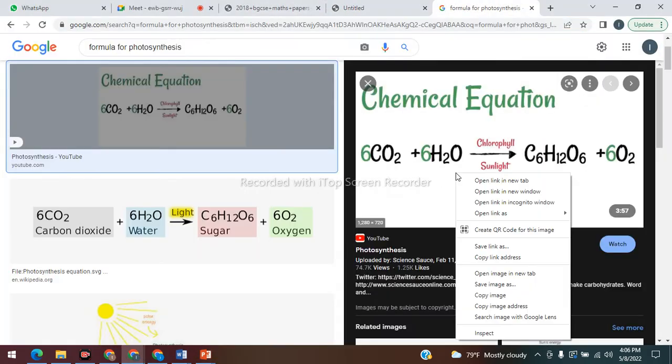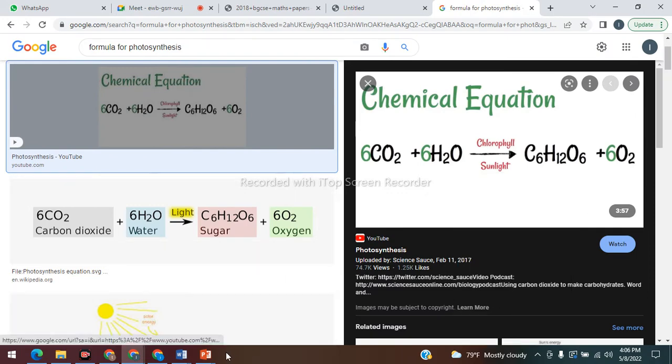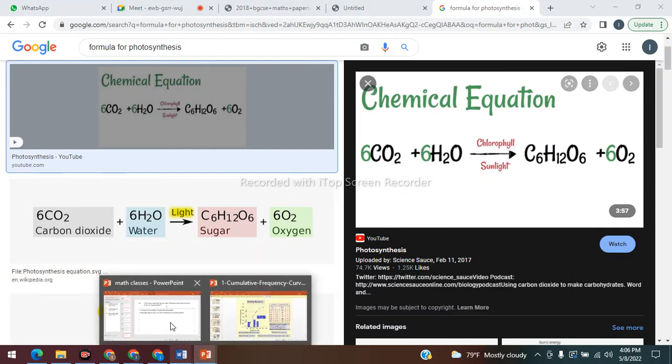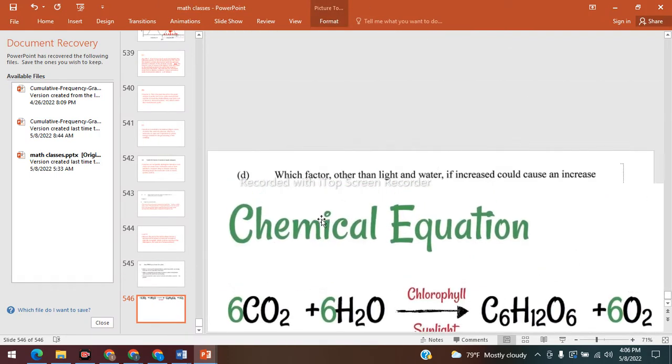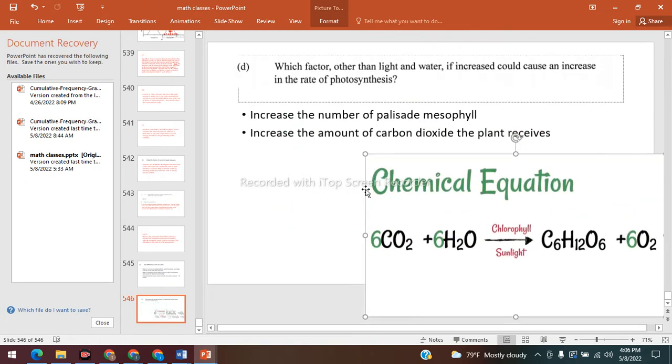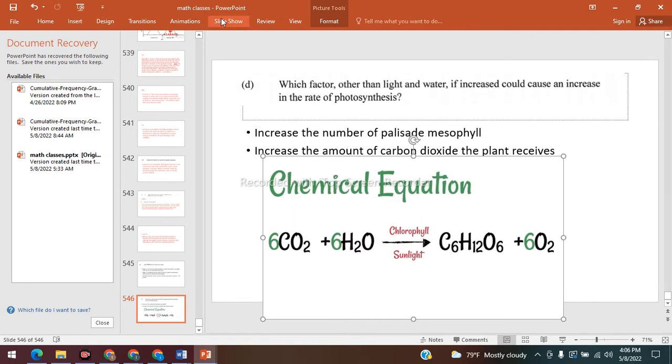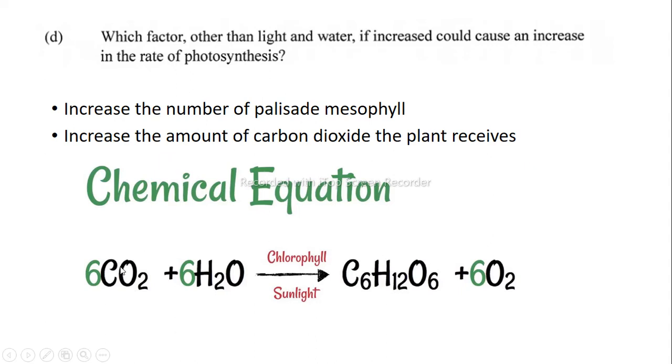Yeah, because if we look at the formula for photosynthesis, we find that on the reactant side, we have two things: carbon dioxide and water. So if we increase how much water the plant has, we could increase photosynthesis. If you increase the reactant side, you could increase the product side.